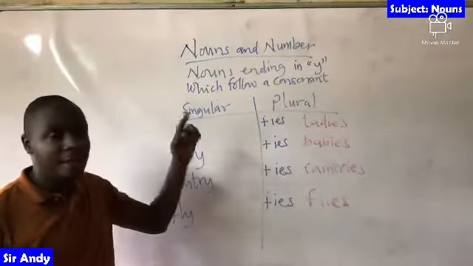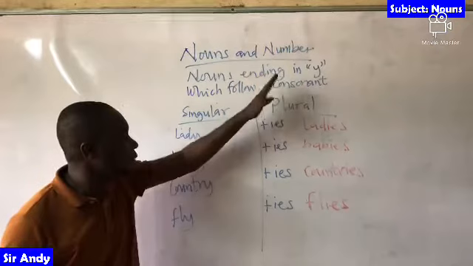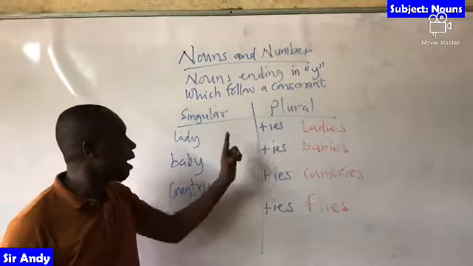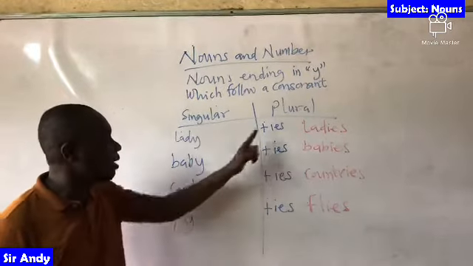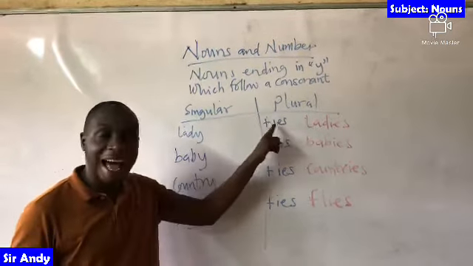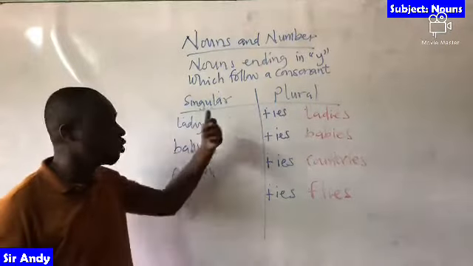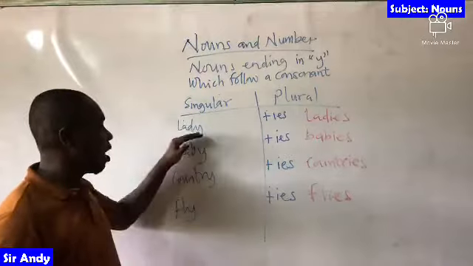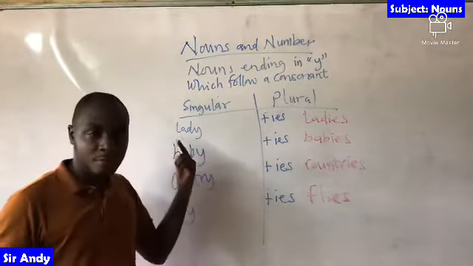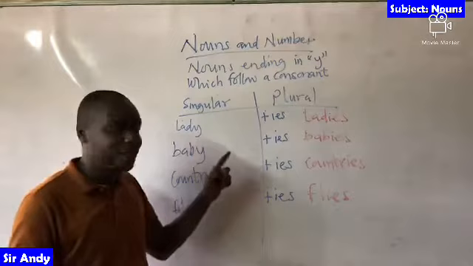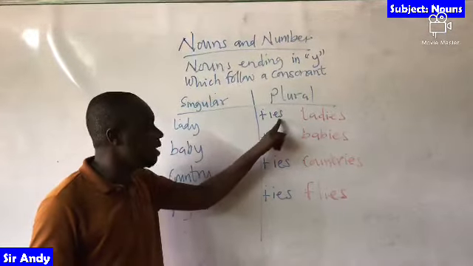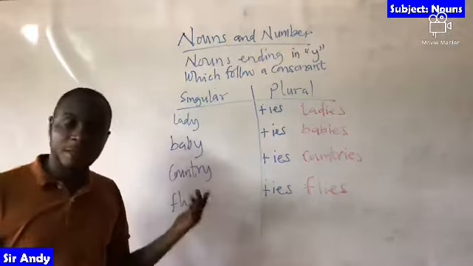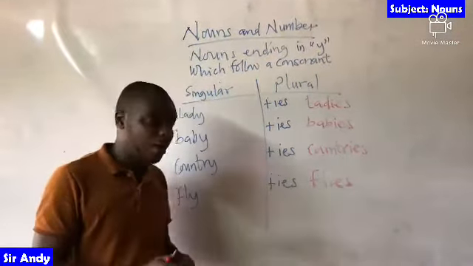For words ending with y, the y is taken away and the suffix ies is added to change them from their singular states to their plural forms.